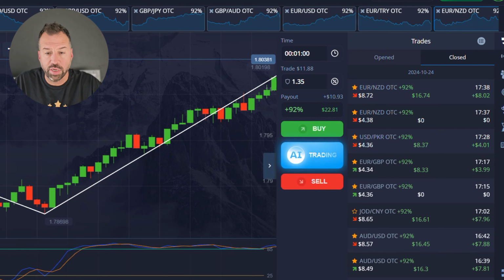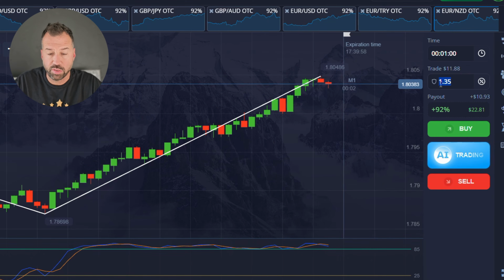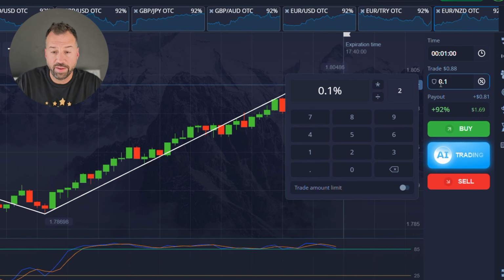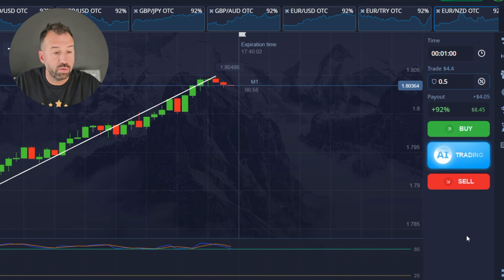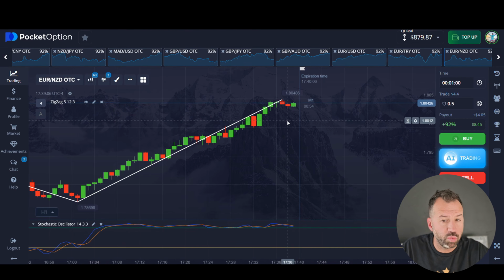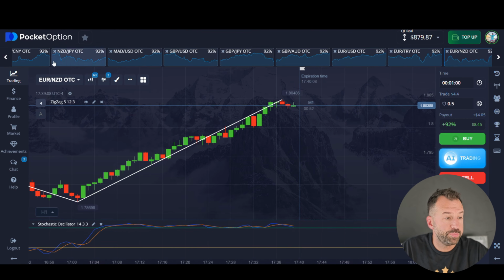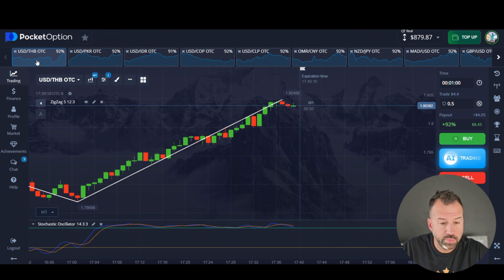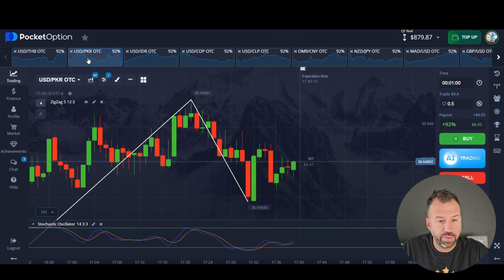And then what we're going to do here is put this back down to 0.5. All right, and that's how that goes, just like that. So if you look at this, this is bouncing back around, and so we're going to go ahead and find a new chart. Let's just make our way through here.